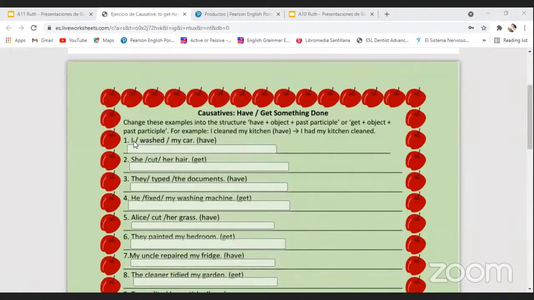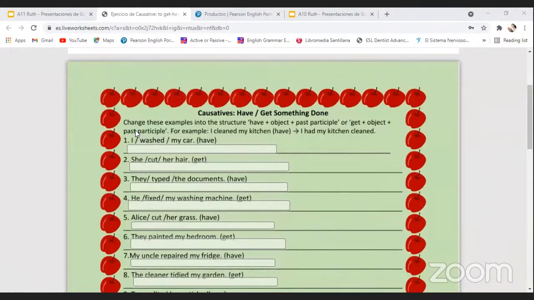But if I just have washed after the subject, this is the simple past, because in the simple past tense we use the verb in the simple past, without an auxiliary. I washed my car. This is simple past. It is not a sentence like that; it is separated by bars. Yes, I know, they are words.